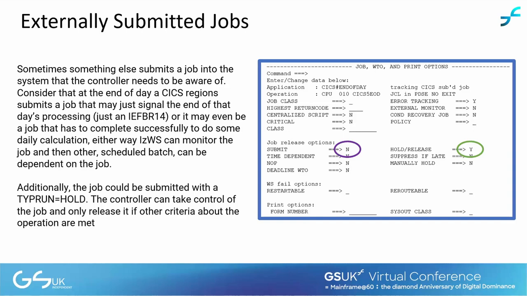So although it would submit the job, we had altered the skeleton for the job that was being submitted to have a type run equals hold on it. And all the jobs would come in with the same job name, basically. But they would have within them the information that said which disk it was and so on. But we didn't want them to run yet.